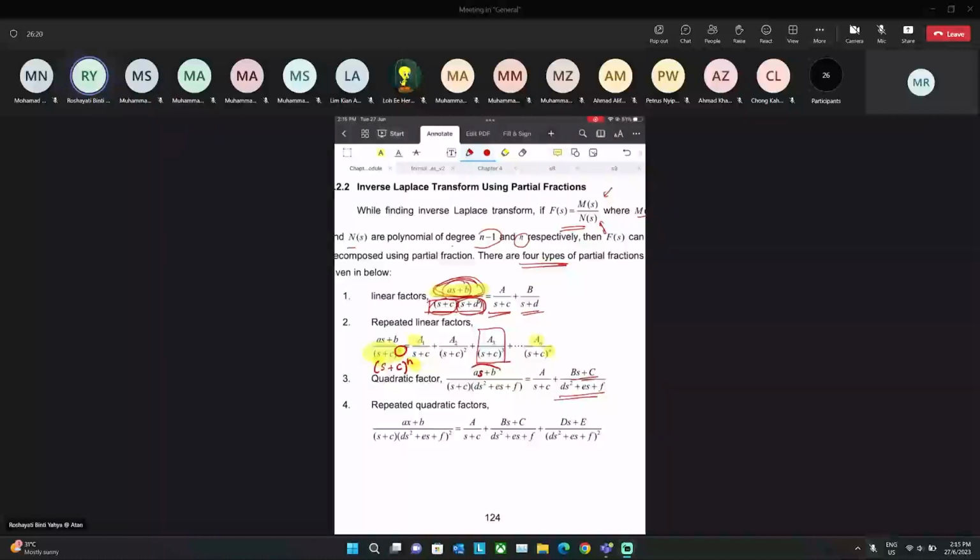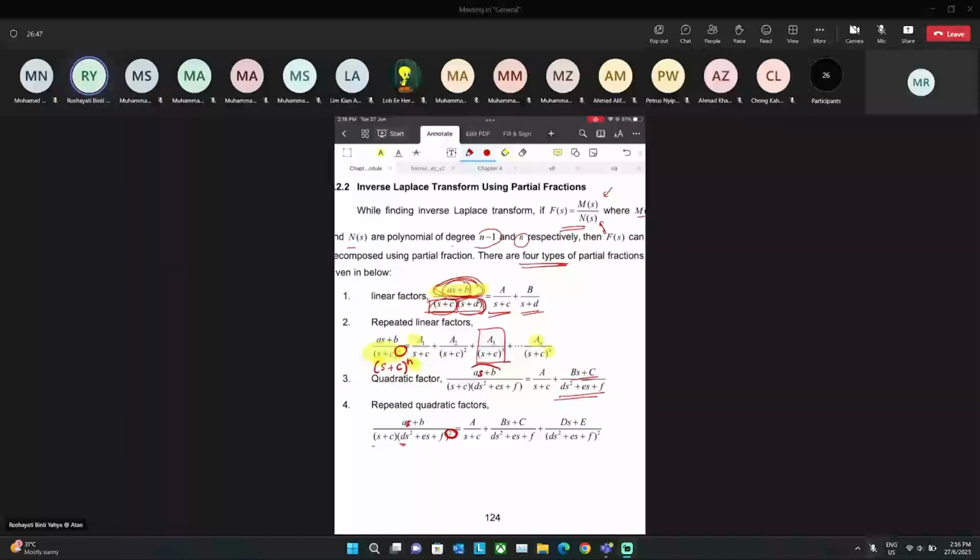And then repeated quadratic factors. Here quadratic, and after that repeated quadratic factor.